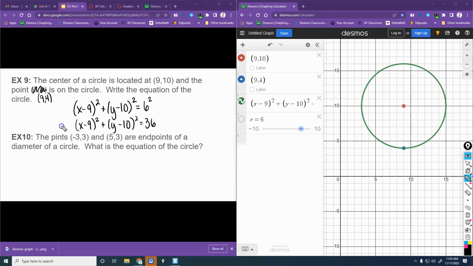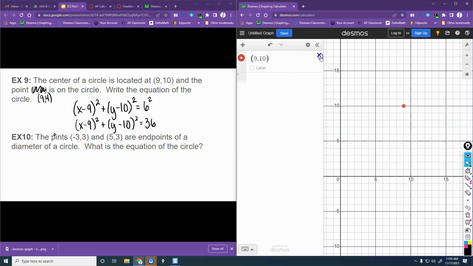That should say points, not pints. So the points -3, 3 and 5, 3 are endpoints of a diameter of a circle. What is the equation of the circle? Whenever we have a problem like this, we're going to do everything from Desmos. So let's just type these in: -3, 3, and 5, 3.